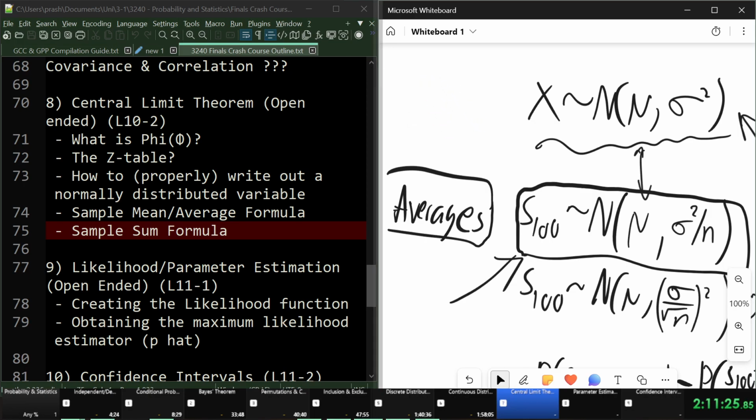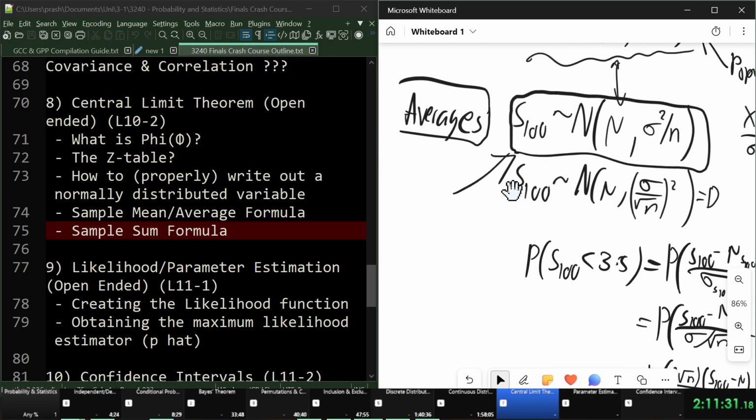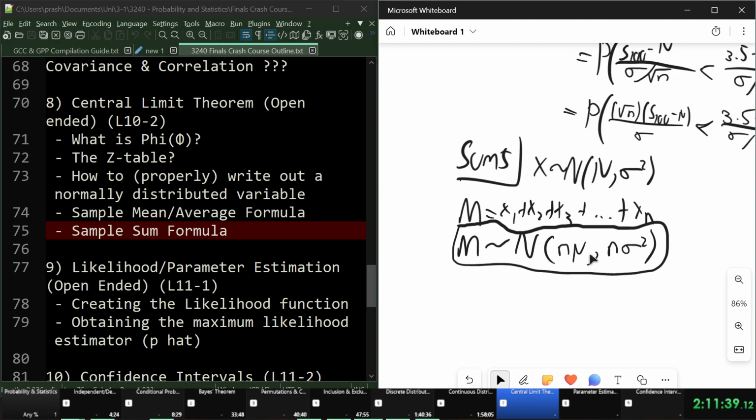I'd say the star bang bang equivalent of the second half, at least for CLT, would be this formula in this box and this formula in this box. The first one was for averages, for means. The second is for the sample sum. It's very important to distinguish that difference. So when you do the question, look out for the keywords mean, average, sum, and use the corresponding formulas. There's two of them, so just make sure.